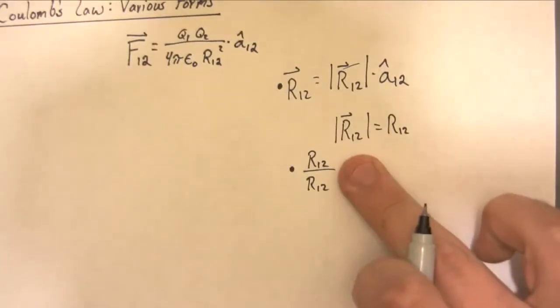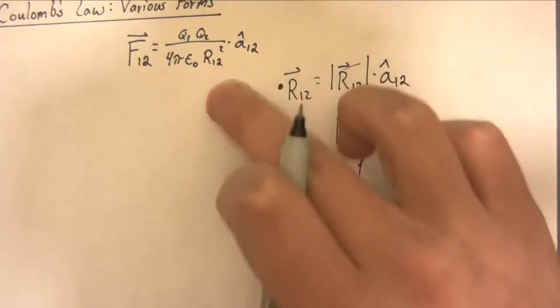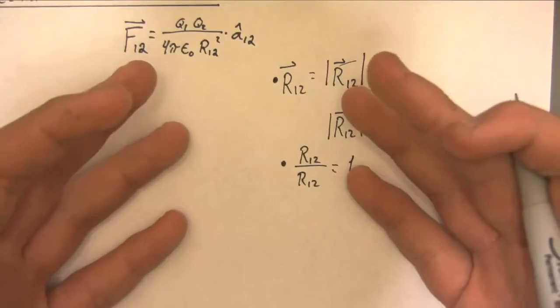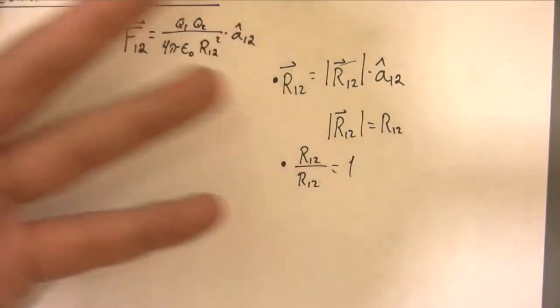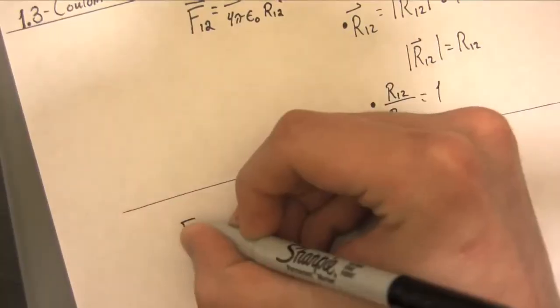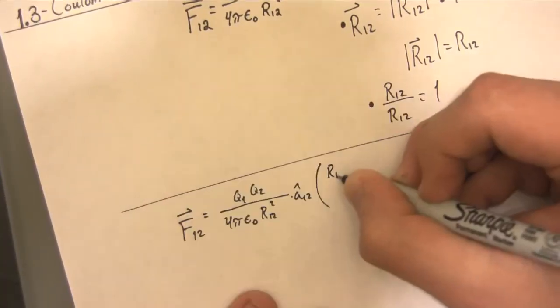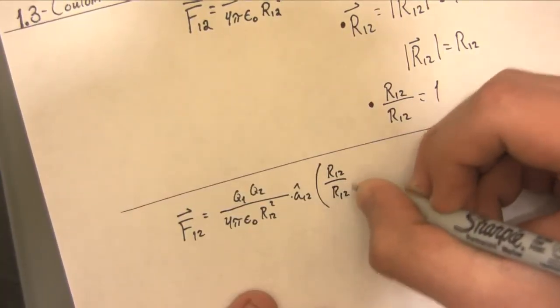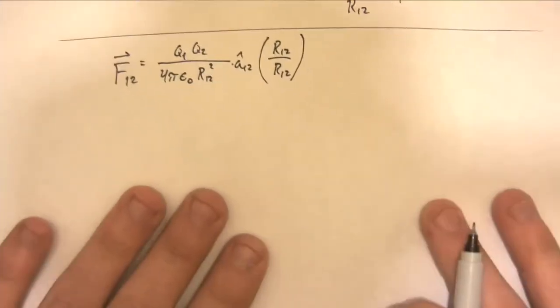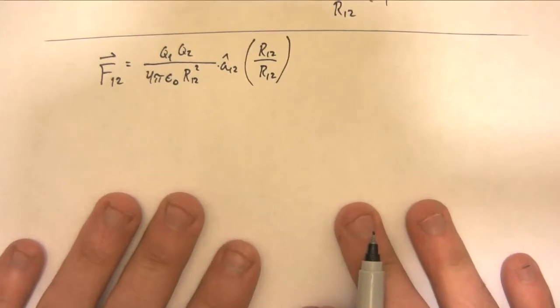I'm going to use this against this guy. I'm going to multiply this guy by 1 pretty much. I'm not going to change it, because I am just multiplying by 1. So, let's do that. We're going to multiply that all by R12 over R12, as such.